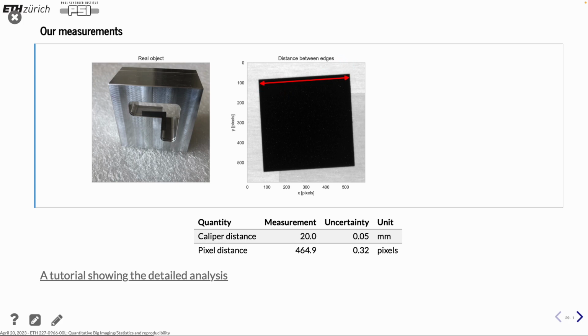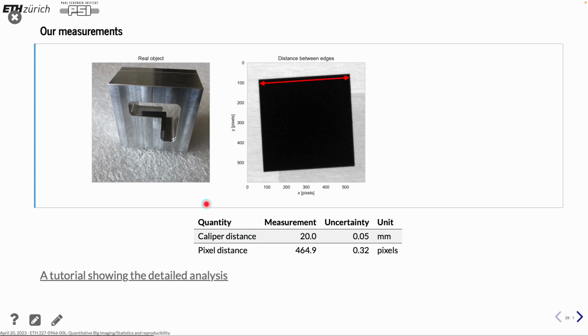You can do it just by dragging a measurement line, but in this case, I did it by edge detection. So I detected this edge and I detected this edge, and then I did fits between the two and measured the distance between those fitted lines. And the whole workflow to do that is in this tutorial that you have here if you want to look at how I did that.